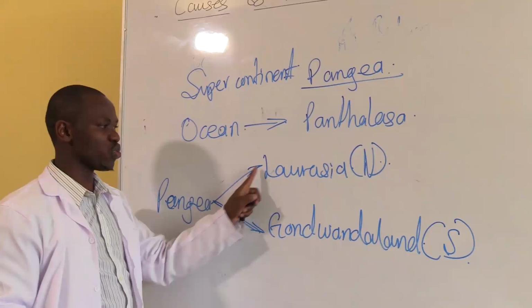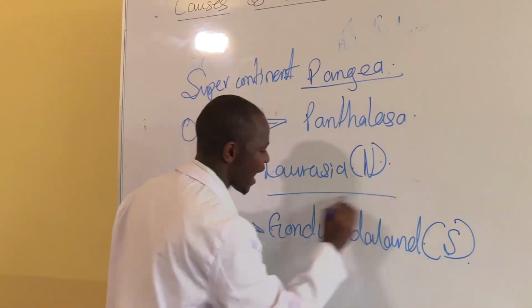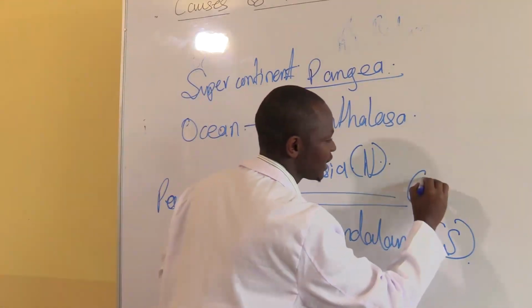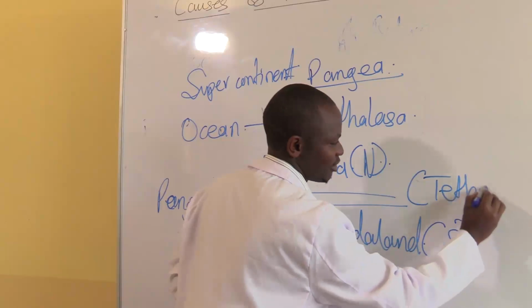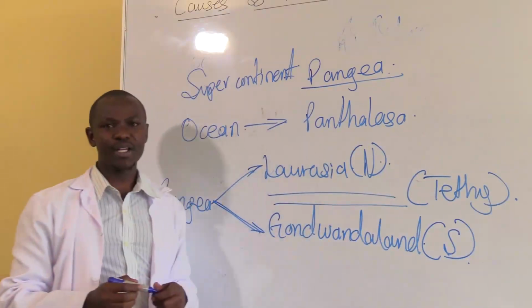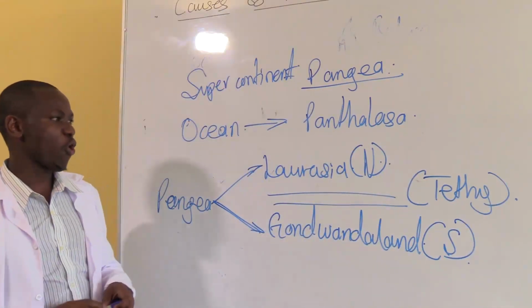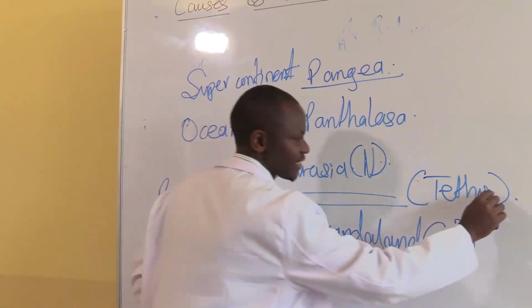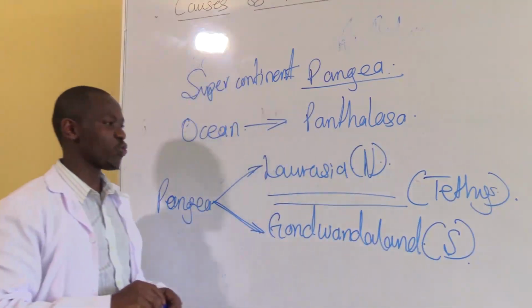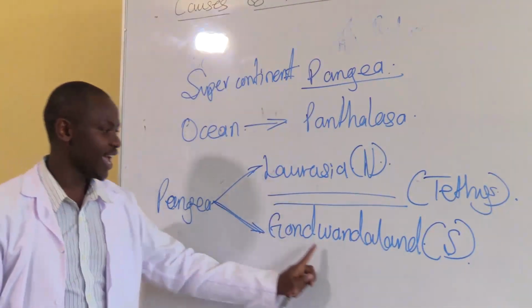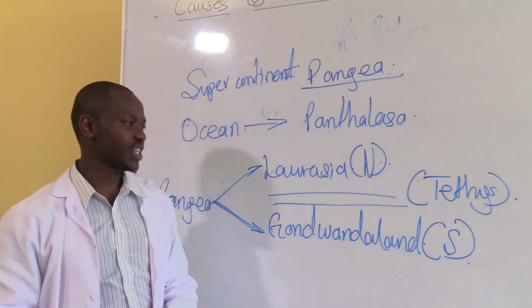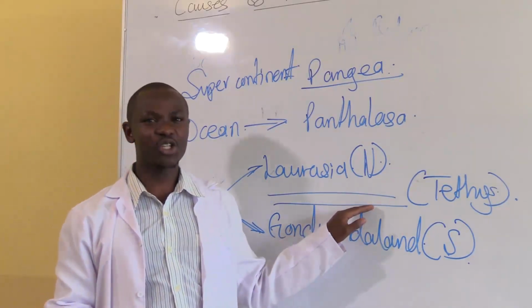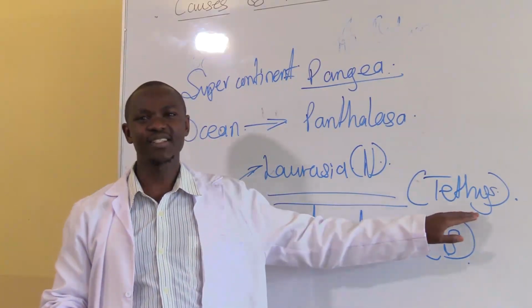And the two were separated by a narrow ocean called the Tethys, which was separating the Laurasia and the Gondwanaland, in which the Tethys is actually the modern Mediterranean Sea.